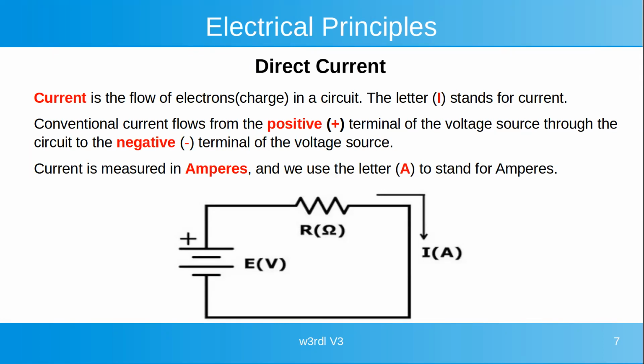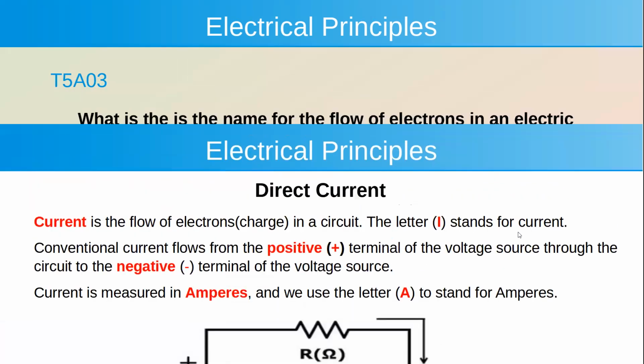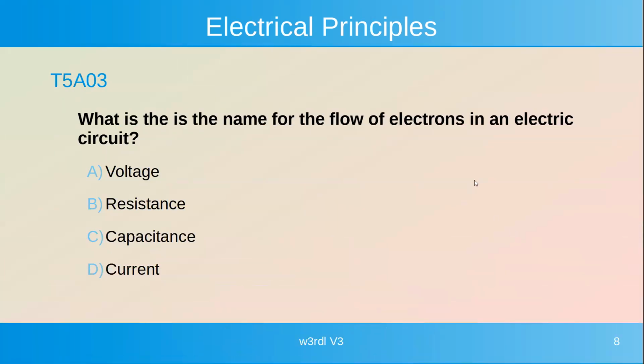And we measure it in amperes, and we use A to stand for amperes, named after Charles, I forgot. The French guy named Ampere. So what's the name for the flow of electrons in an electric circuit? Current. Current.